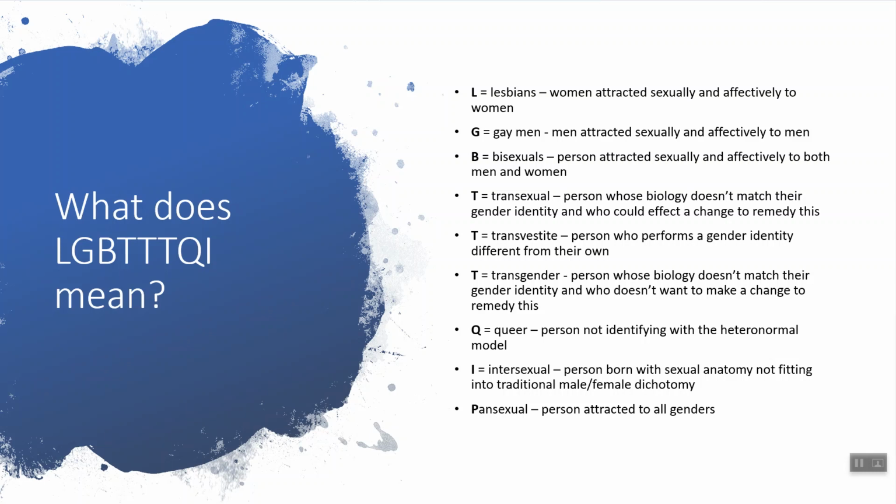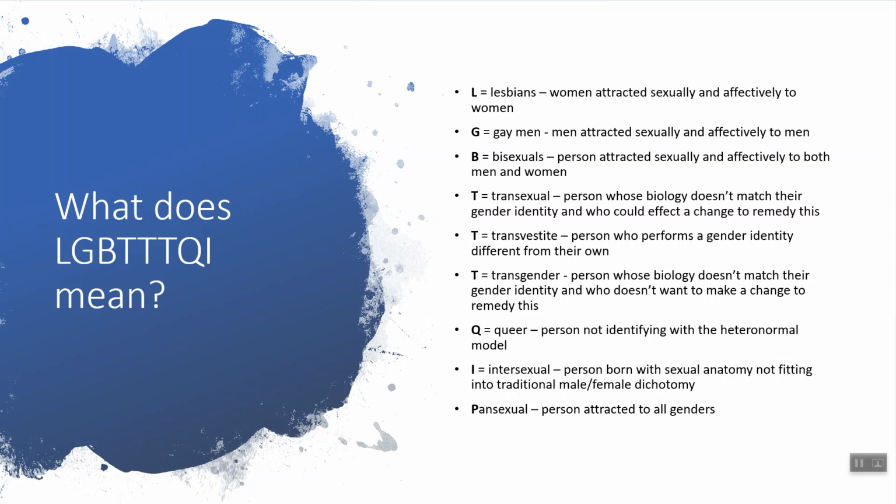The second T stands for transvestite. This is a person who outwardly performs a gender identity which is different from their own. So their biology or their gender identity could be that of a man, and they don't want to change that.